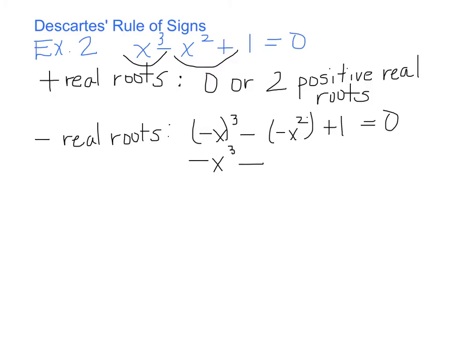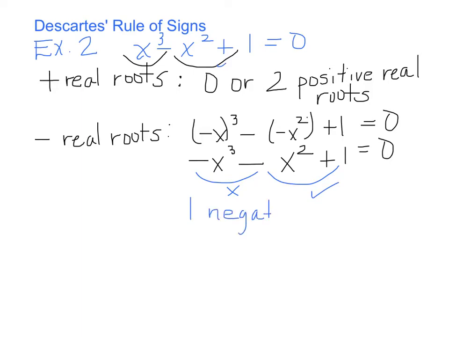If you do negative x to the second power, it comes out positive. Now you count your sign changes. So from here to here, no sign change. From here to here, that's a sign change. So that means that there is only one negative real root.